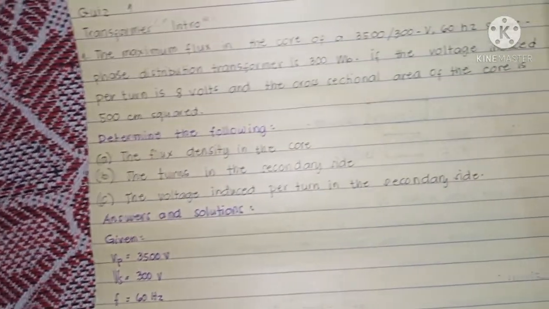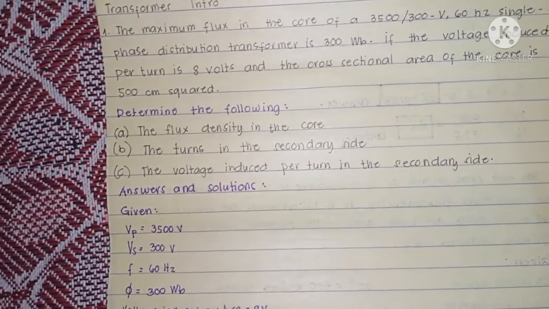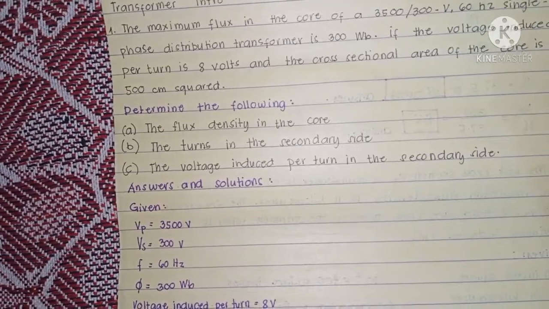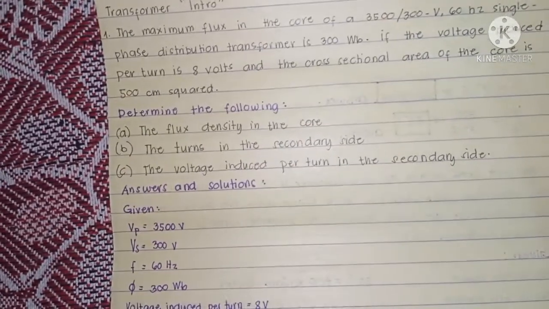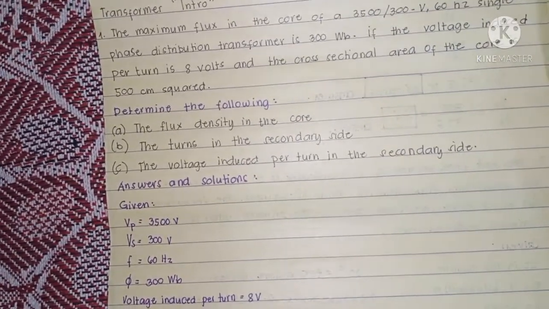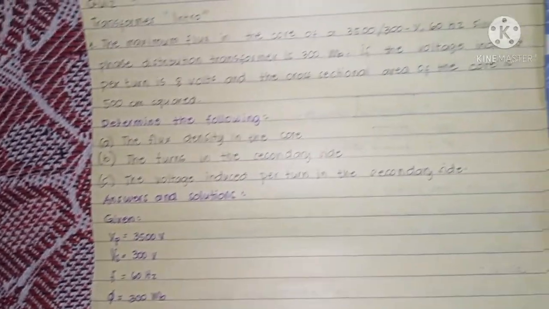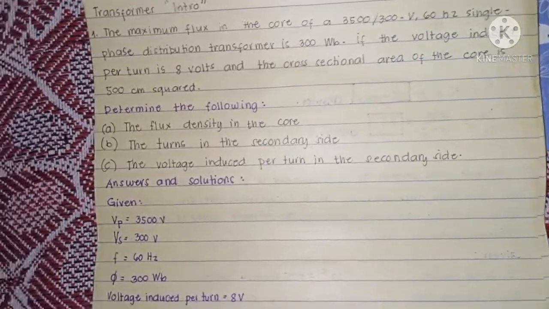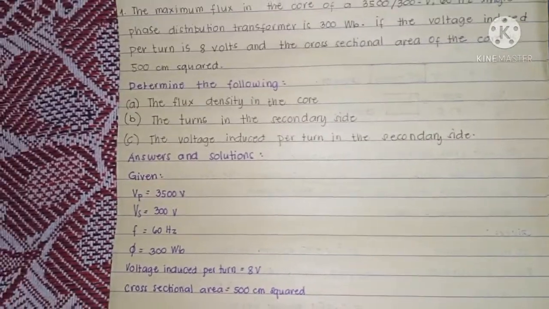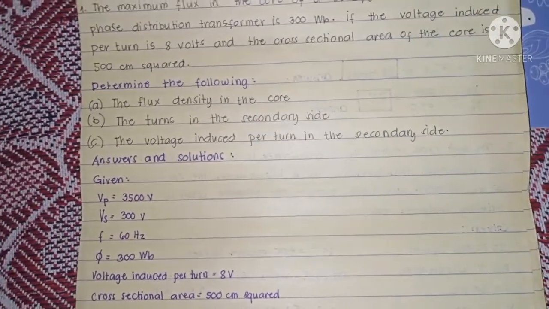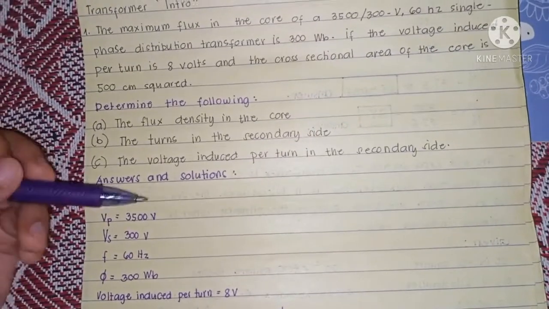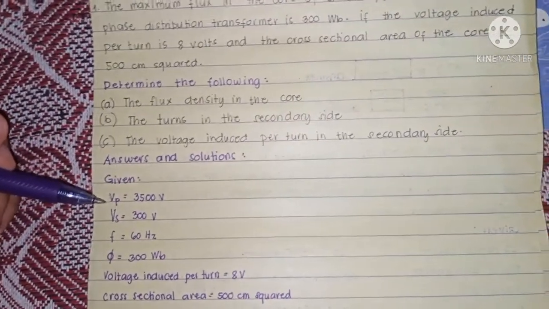Before we jump into our solution, it's better to first write the given. We have the primary voltage, which is 3500 volts.